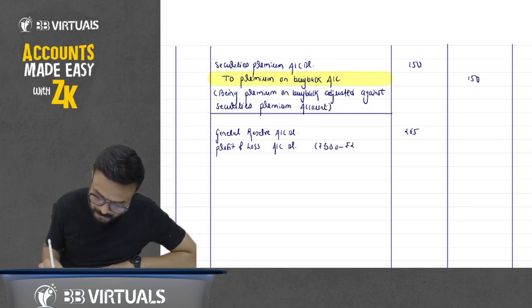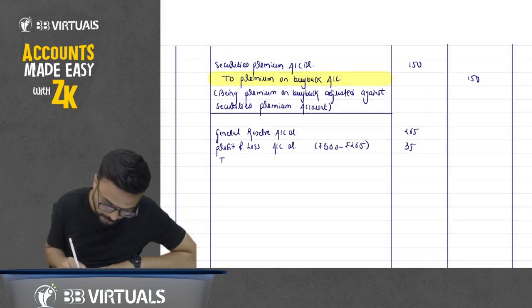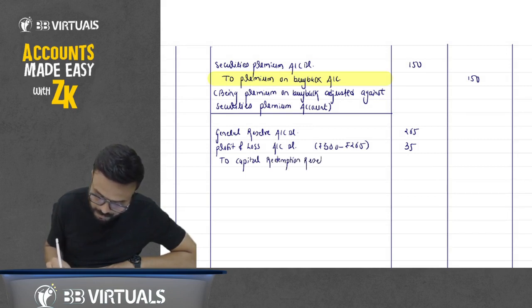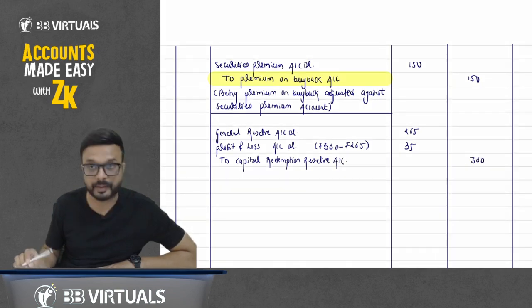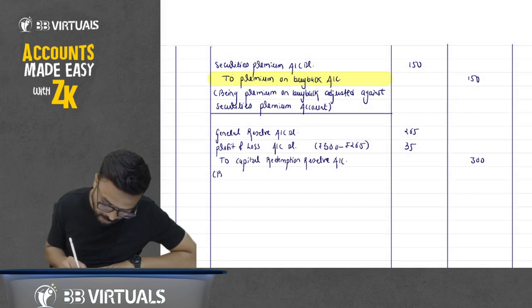Out of 300, 265 we have adjusted against general reserve and 35 out of profit and loss account. To capital redemption reserve account, 300.